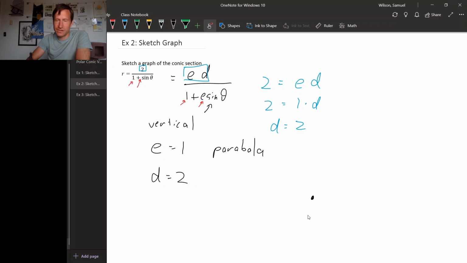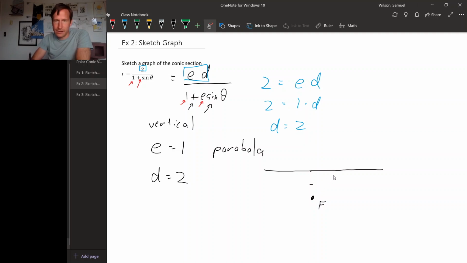So the focus is at the origin. Because of the plus right here, the directrix is above the focus and not below it. So it's in the positive y direction and not the negative y direction. So up here, 1, 2 units in the positive y direction.